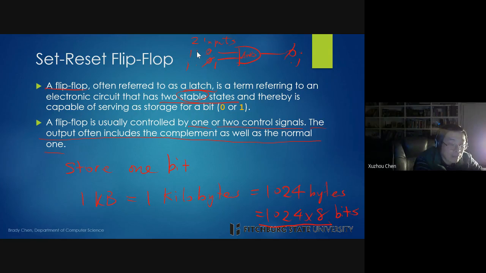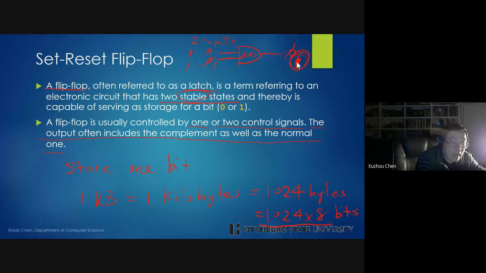But in that case, the state of either the input or output is not stable, because the output never stays, it is dependent on the input. If you change the input, the output may change. So there's no way you can keep data and store data that way.